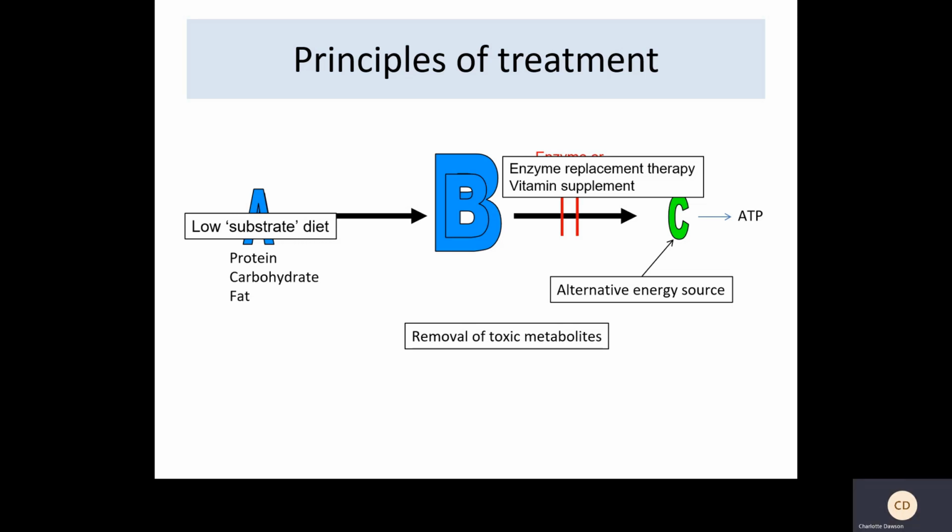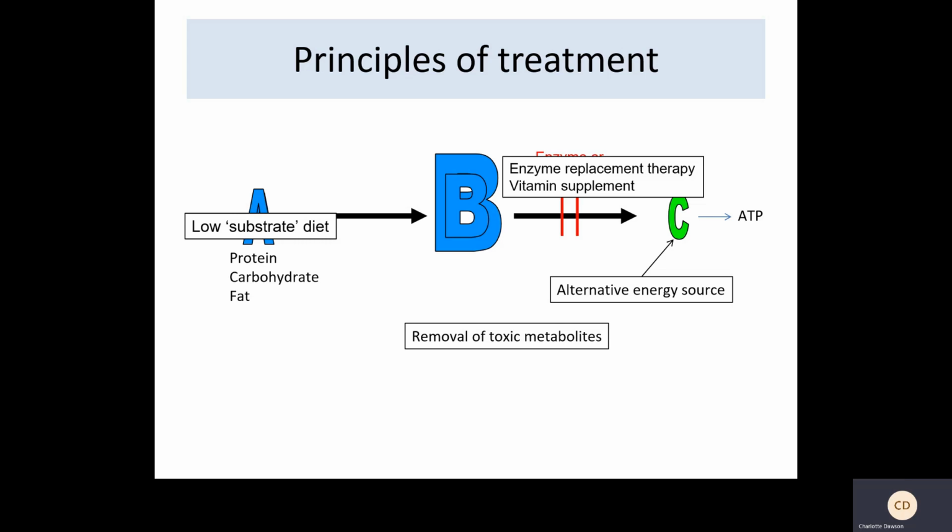The third way is if energy is the problem, we can give an alternative energy source. So a good example of that is giving cornstarch in the hepatic glycogen storage disorders. Cornstarch is a source of glucose, which is released by the enzyme amylase.